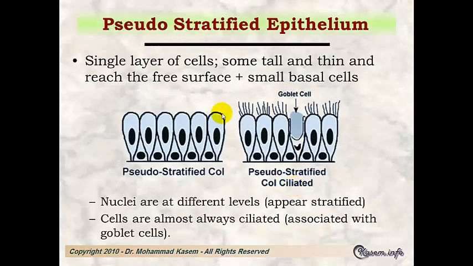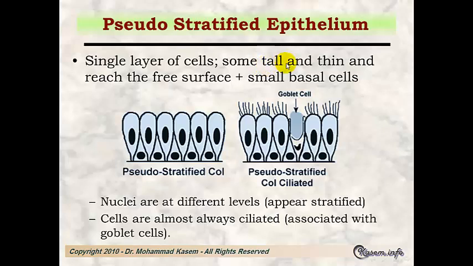Now let's talk about the pseudo-stratified epithelium. It looks like several rows of cells, but actually it is a single row of cells. It is nothing other than a simple epithelium. All the cells reach the basement membrane, but not all of them reach the top.